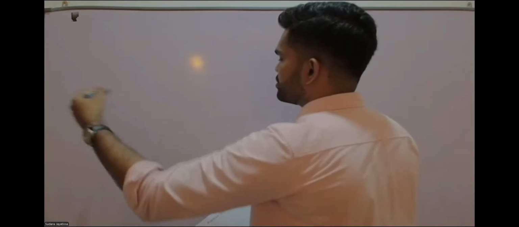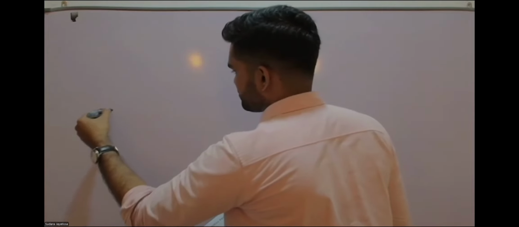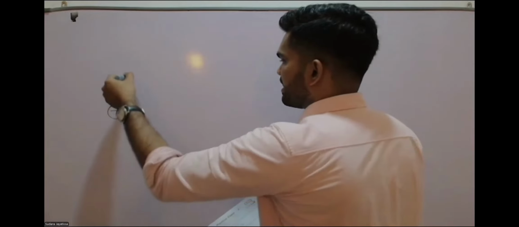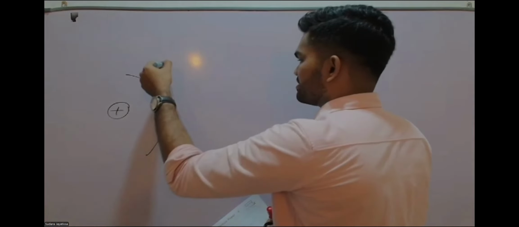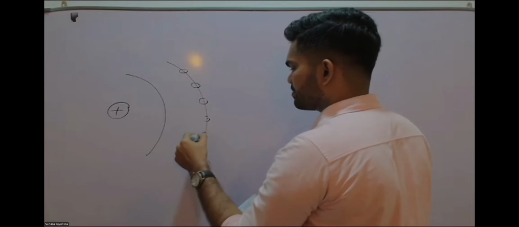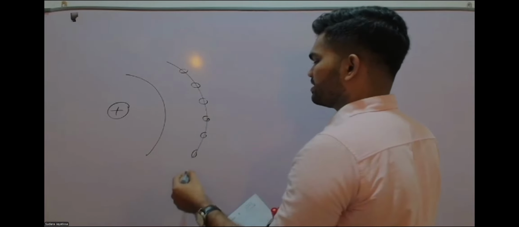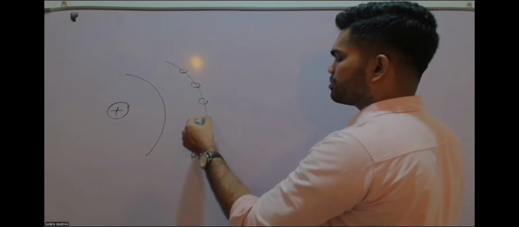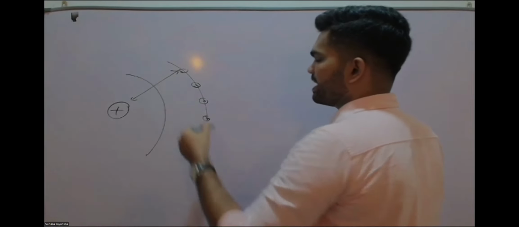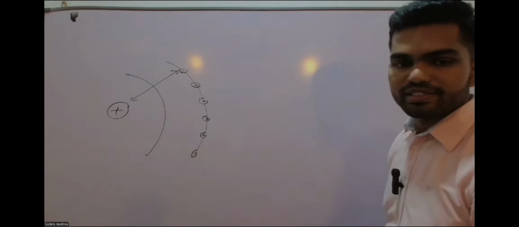Okay, so you can draw it in this way. Let's say this is the nucleus, and there are 6 electrons in the outer energy level of this element. Those 6 electrons are removed easily because they are feeling a lesser nuclear attraction because of their high distance.